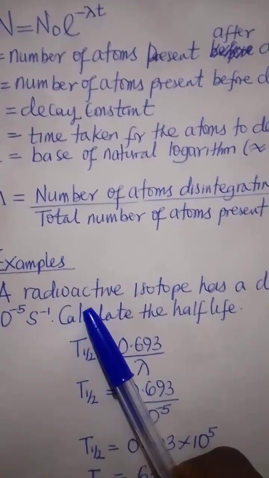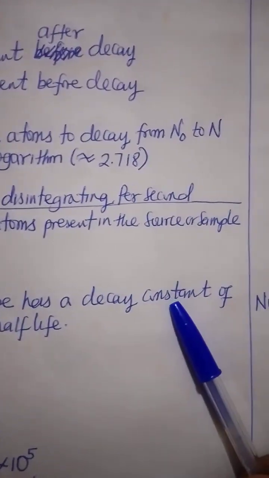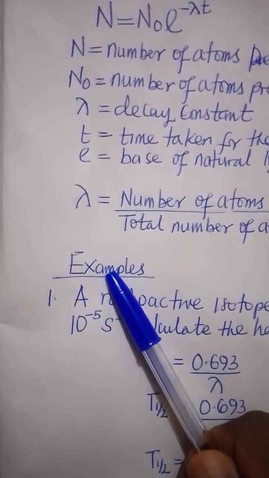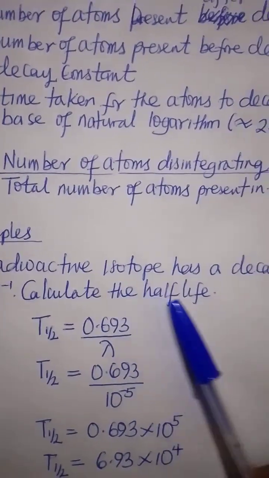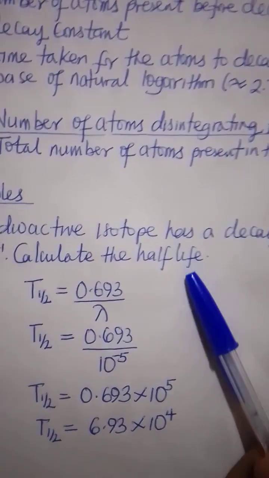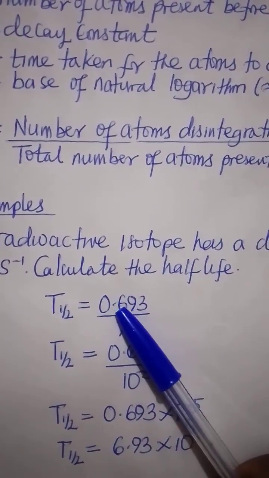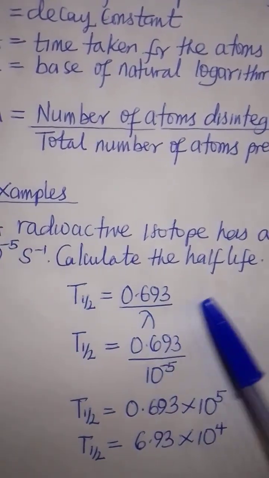A radioactive isotope has a decay constant of 10 raised to power minus 5 per second. Calculate the half-life. So then T half is 0.693 over lambda. You need to commit this formula to memory.